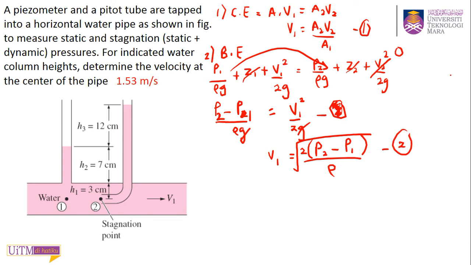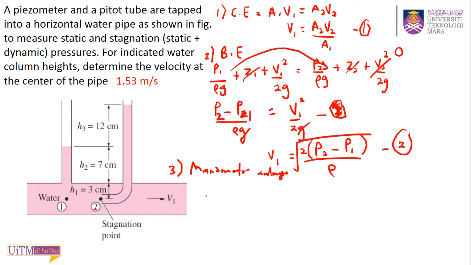Okay, next what we have to do? Manometer analysis. Okay, sorry, saya tulisan dah makin buruk. Kita makin petang. Okay, so pressure at point 1 and pressure at point 2 is just a rho GH term.